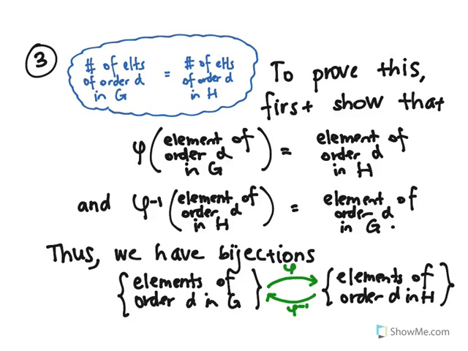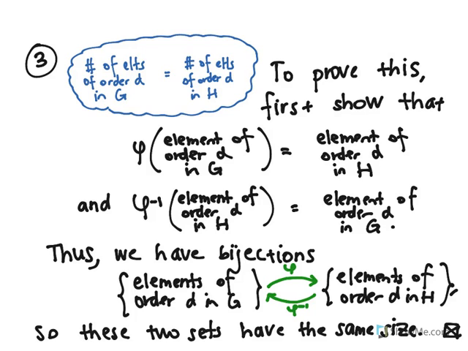That means that they must be bijections, because remember, a function is a bijection if and only if it has an inverse. So I've got a bijection between the set on the left and the set on the right. If there's a bijection between two sets, they have to have the same size. And that says exactly that the number of elements of order d in G is the same as the number of elements of order d in H. So that, at least sort of in sketchy form, proves the third part, and that finishes the theorem.